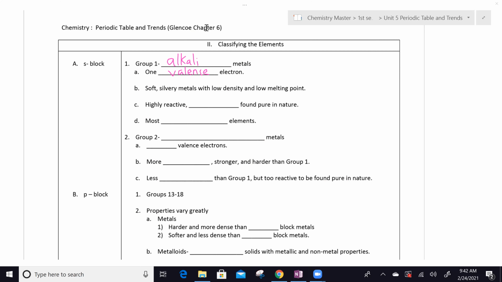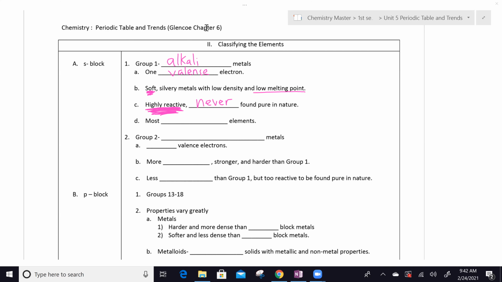What's weird about them is they're super soft, like you can cut them with a knife, and they have a low melting point. They are highly reactive, and they are never found in nature pure. In other words, you're never just going to walk out and see a chunk of sodium or a piece of calcium and pick it up, okay?